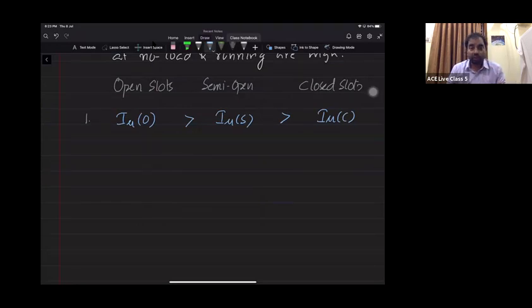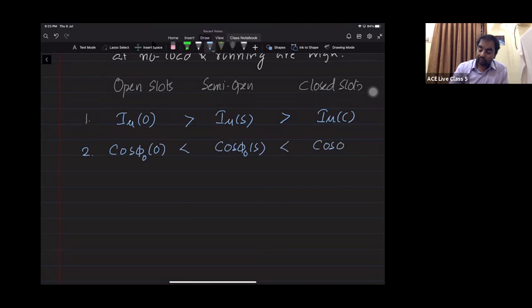So the magnetizing current is more in open slots. But in closed slots, you can see the air gap is very small. If the magnetizing current is more, the no-load power factor will be less. When the no-load power factor is less, the operating power factor is also less. We'll see that, don't worry.